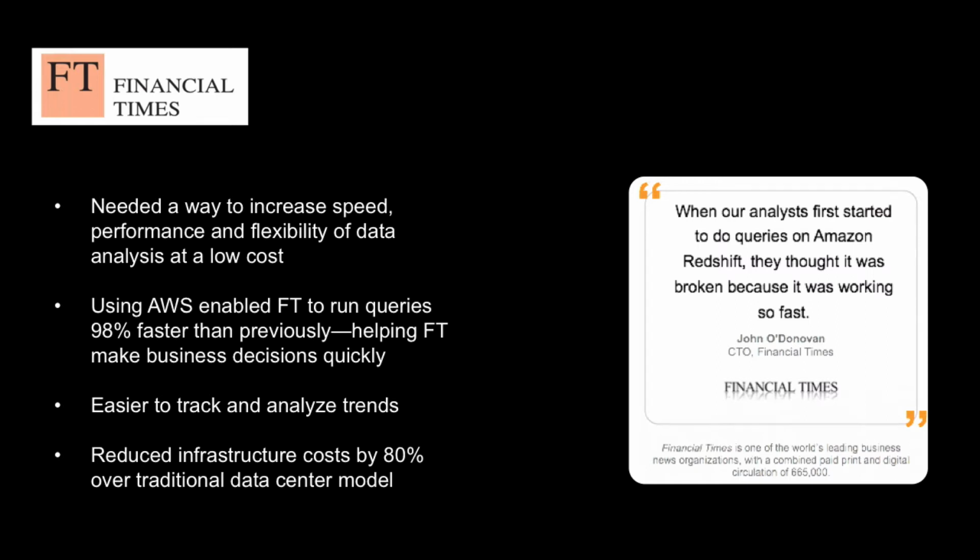But that dramatic performance improvement led them to think that there might be an issue with the system when they implemented it. So for a few queries, they reran those queries on their traditional data warehousing infrastructure just to make sure that the queries were actually executing, because the performance improvement was so significant. So another great example of a customer that's had super success with Amazon Redshift.